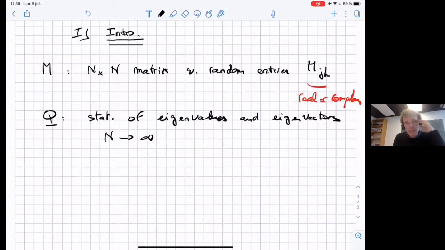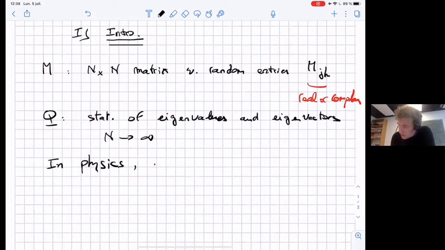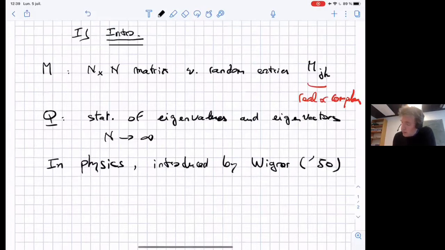Now, this problem, as you probably already know, has many applications, but in physics, it was introduced by Wigner in the 50s.